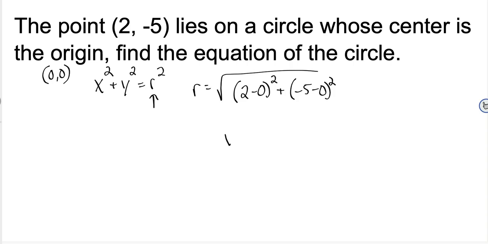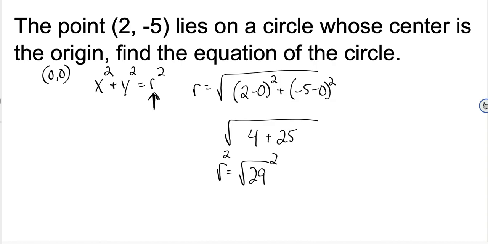So it's square root of 4 plus 25, which is the square root of 29. That's our radius. Remember, when it's going into our equation, it's r squared. So if we square this, that just turns it into a 29. So we just throw it in our formula: x squared plus y squared equals 29.